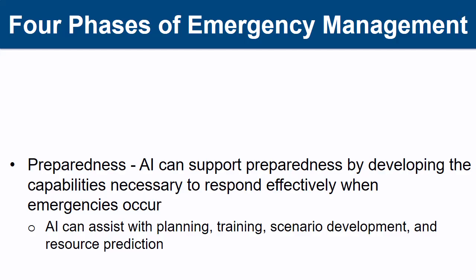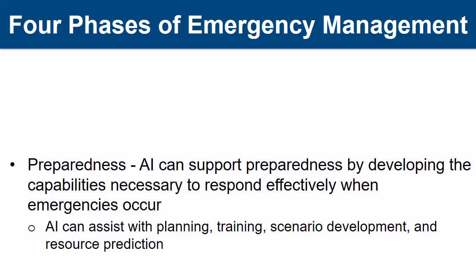Imagine telling an AI system, develop a scenario involving a Category 4 hurricane making landfall near a metropolitan area, causing widespread power outages, hospital evacuations, transportation disruptions, and cellular network failures. Within seconds, AI can help generate a scenario that instructors can refine for a tabletop exercise.